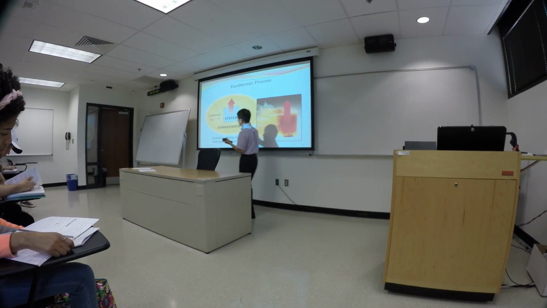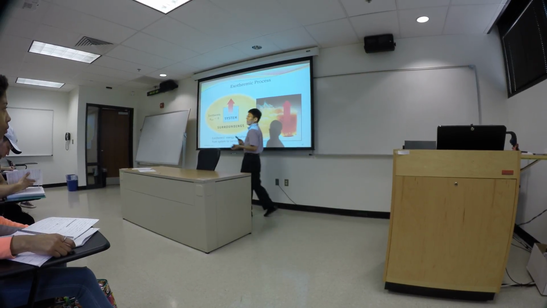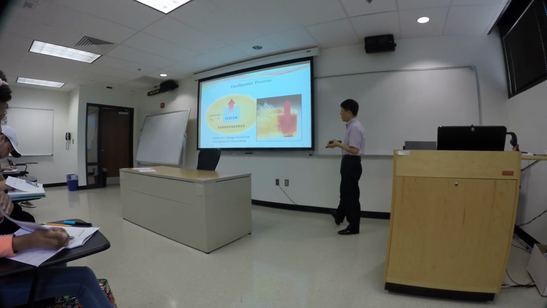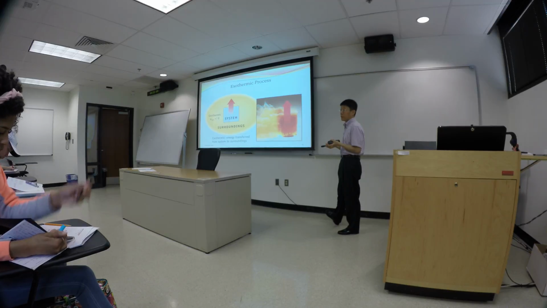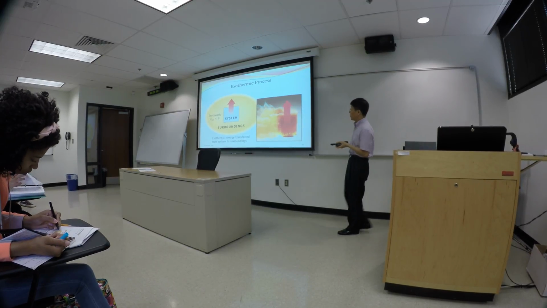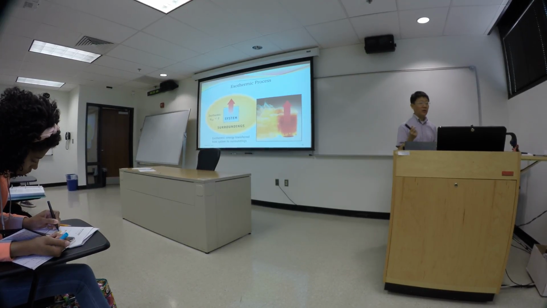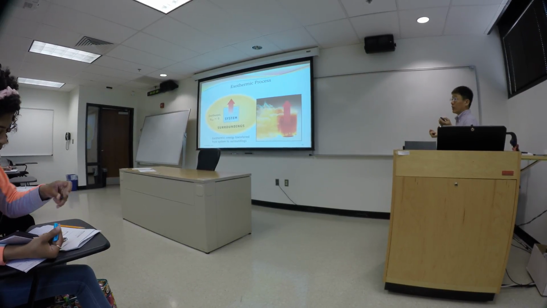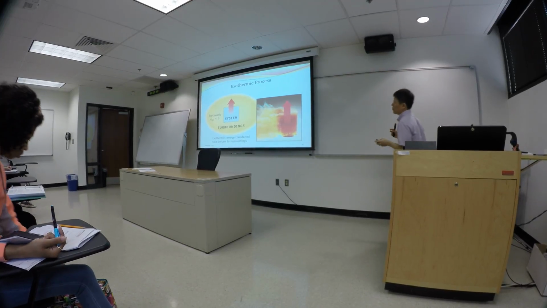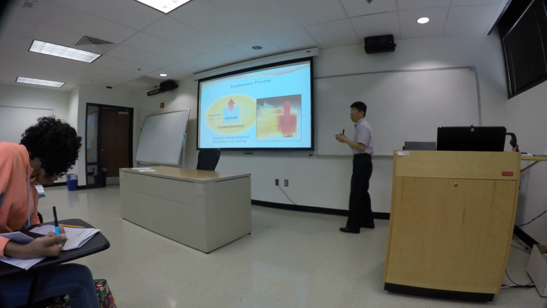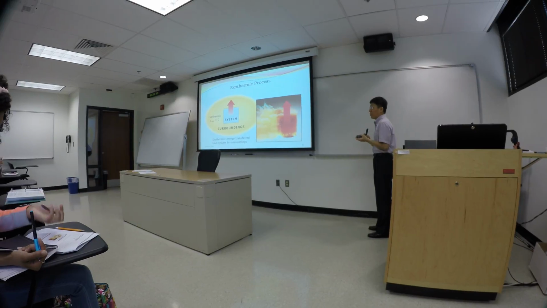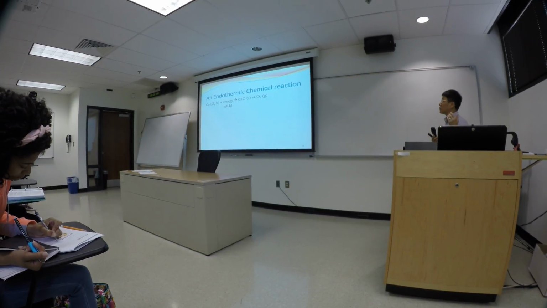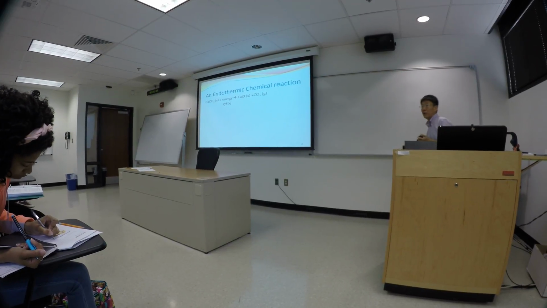For an exothermic process, Q is a negative number because the system is releasing energy to the surroundings. So in an exothermic process, energy is transferred from the system to the surroundings. The system is losing energy, so from the system perspective, Q, the amount of energy transferred, is a negative number.